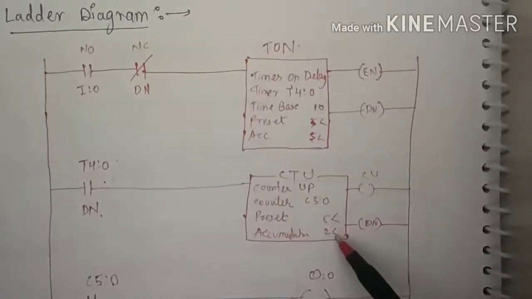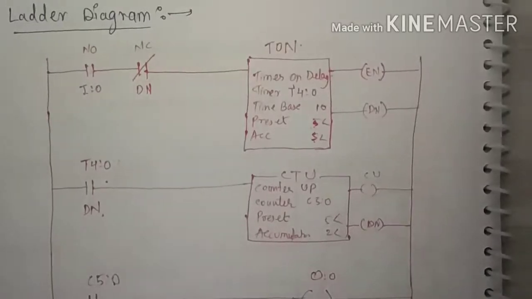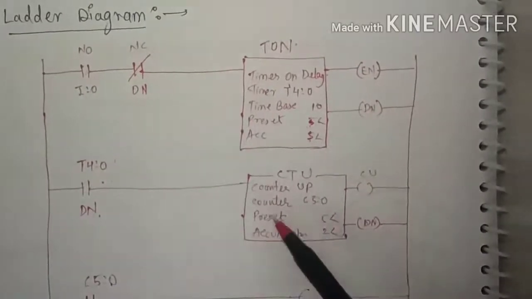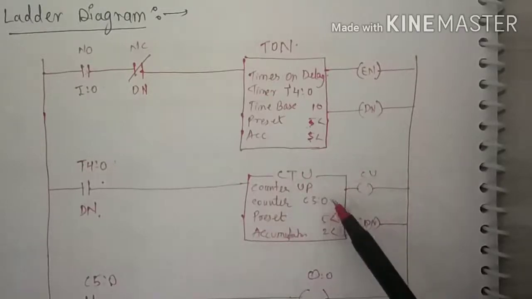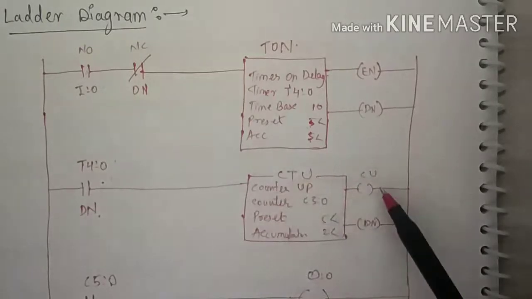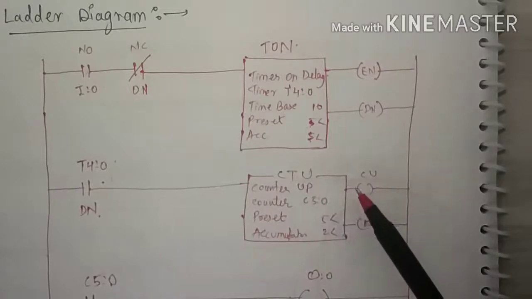Its initial value, the accumulator value, counts from 0 up to 5. When the done bit is enabled, the current will flow through this up counter. As soon as it gets current, it will become enabled. This is generated by CU here. The CU bit of the counter will be enabled.